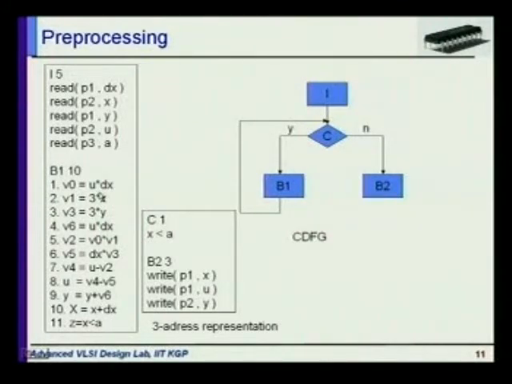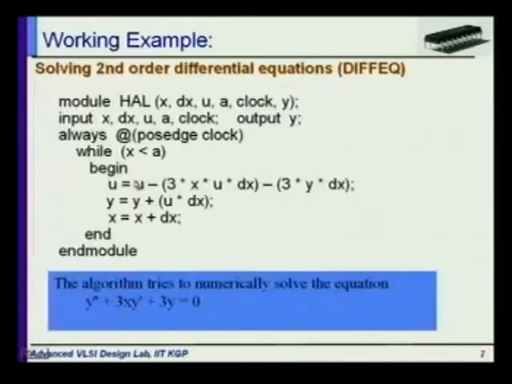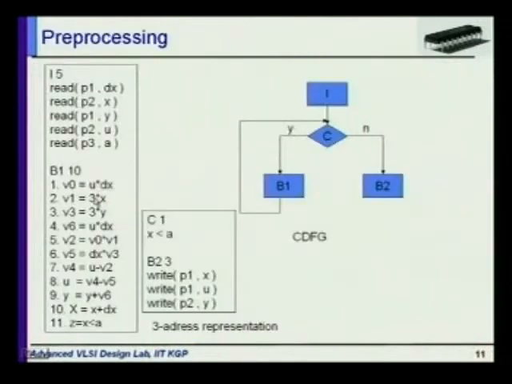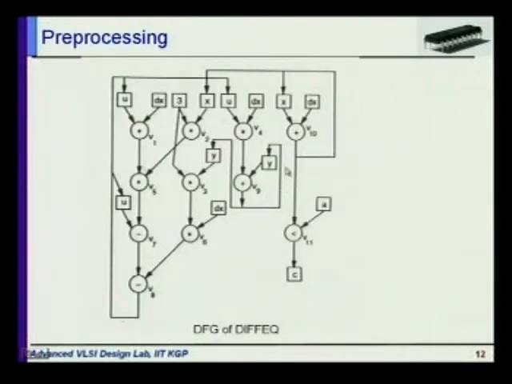That means in this behavior you break the operation into small operations and store the intermediate results in some temporary variables, and finally you will achieve u equal to this. So what is data dependency?